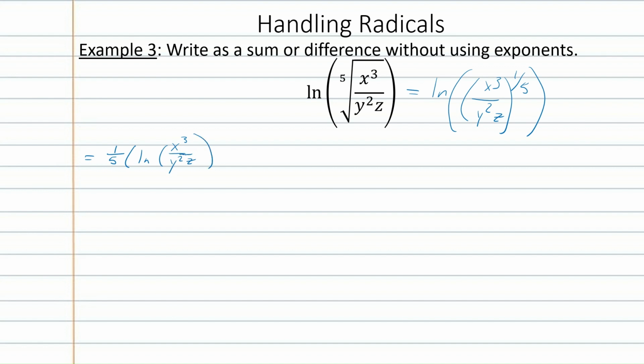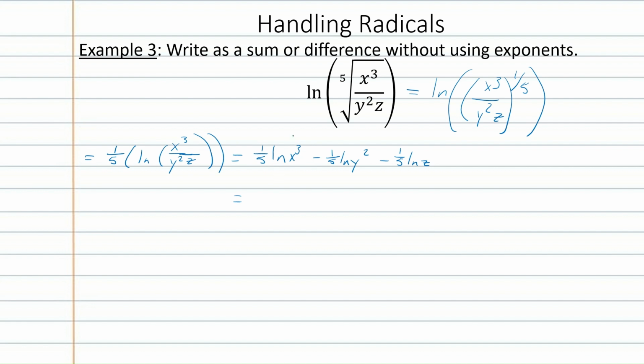Now that 1/5 has to go to everything. So we have to keep it with everything as we're working through our problem here. So I'm going to go 1/5 natural log of x to the 3rd minus 1/5 natural log of y squared minus 1/5 the natural log of z.